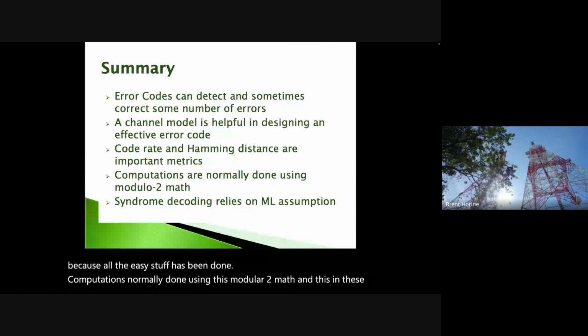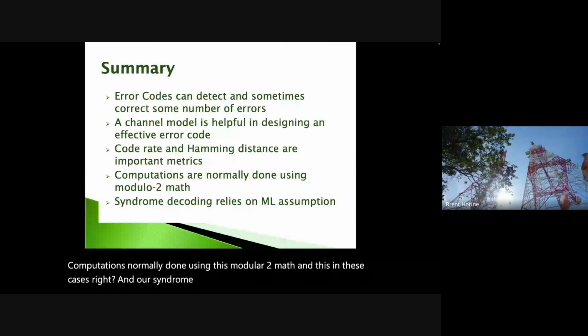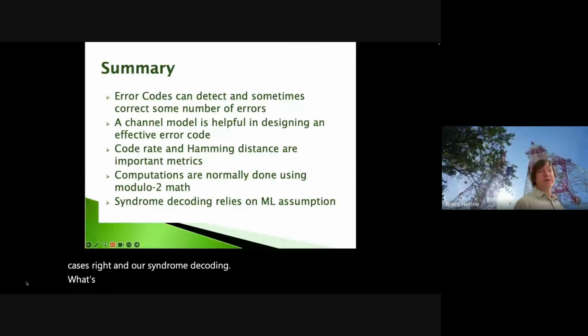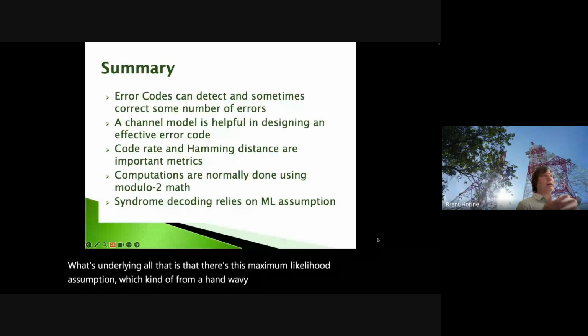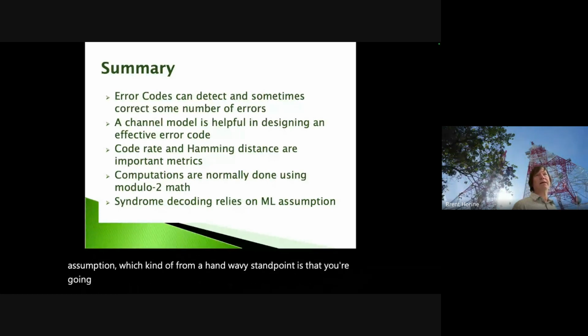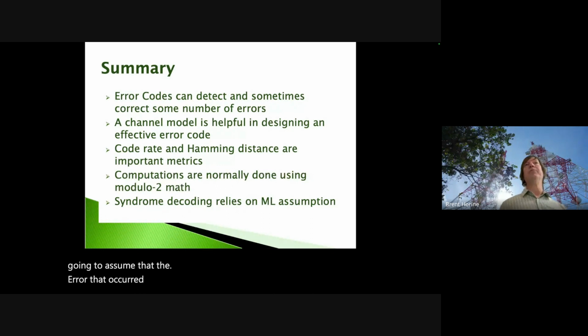And in our syndrome decoding, what's underlying all that is this maximum likelihood assumption, which, from a hand-wavy standpoint, is that you're going to assume that the error that occurred is the minimum number of errors in that error bit vector.